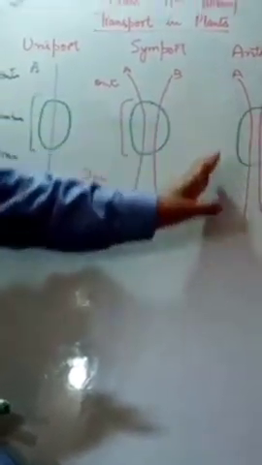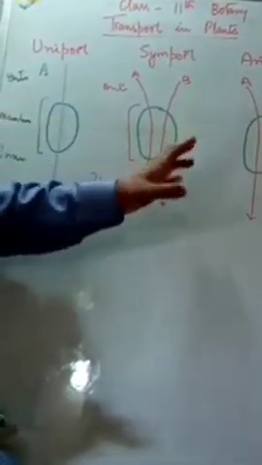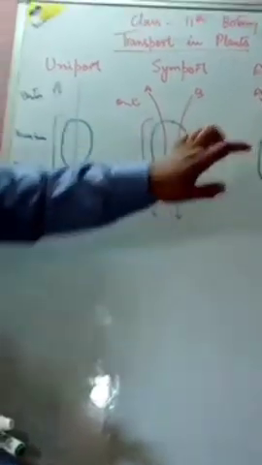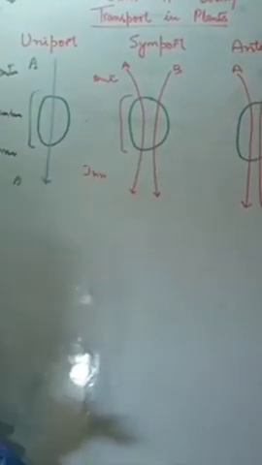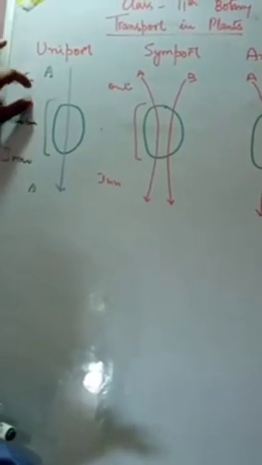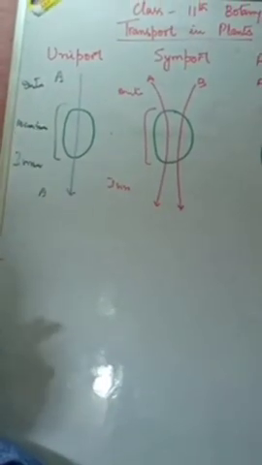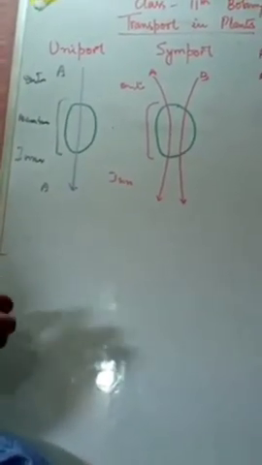The two particles are moved in the opposite direction, transported by means of this protein carrier. Here we will see two particles, two molecules, transported simultaneously, whereas in uniport only one molecule is transported by the protein carrier.